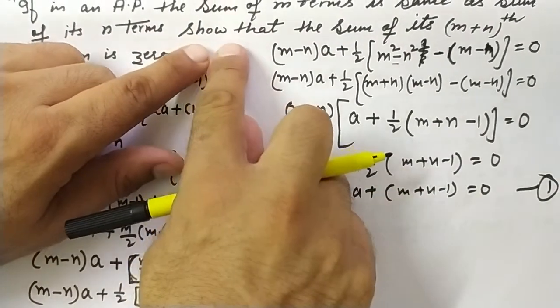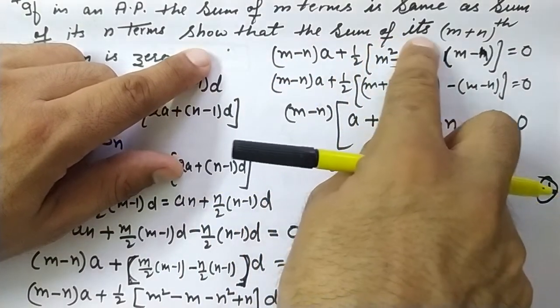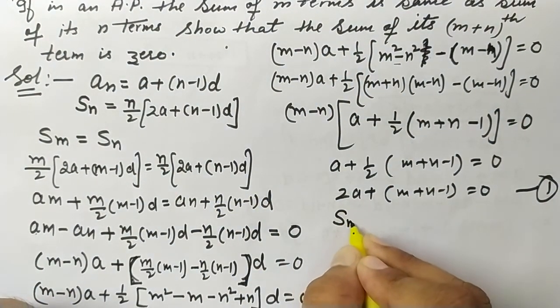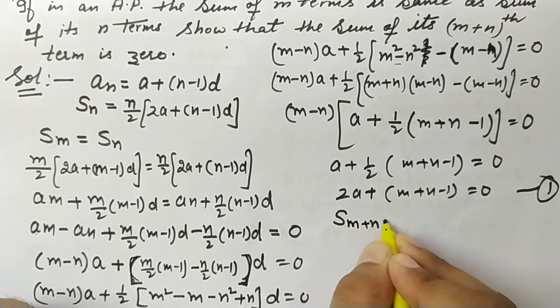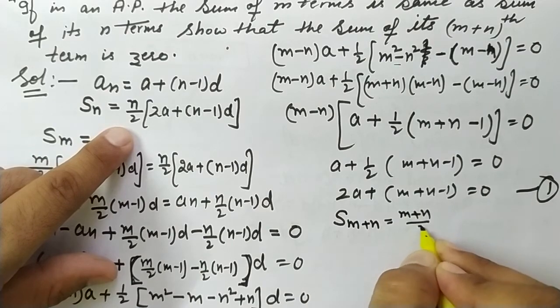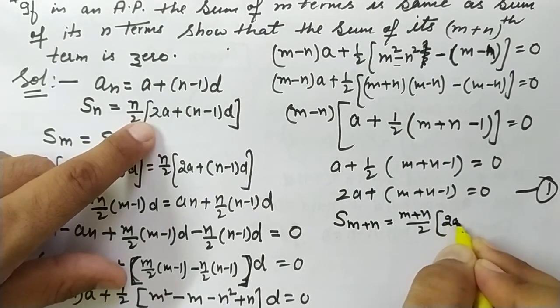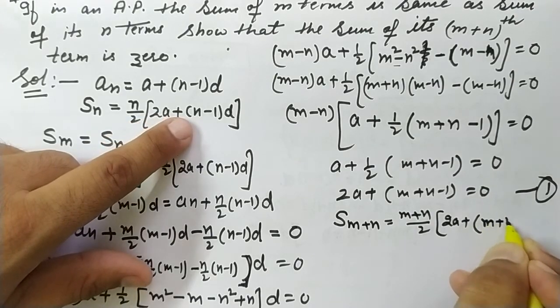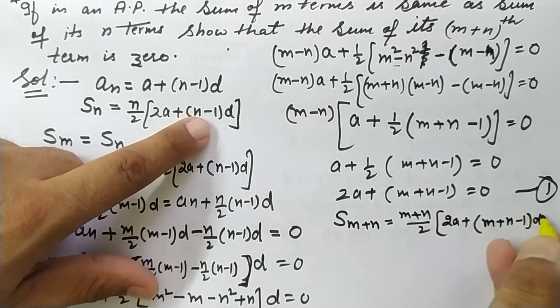Now we have to show that the sum of its m plus nth term is 0. So we need to find the sum of m plus n terms. We'll use this formula: m plus n over 2 into 2a plus m plus n minus 1 d is equal to.